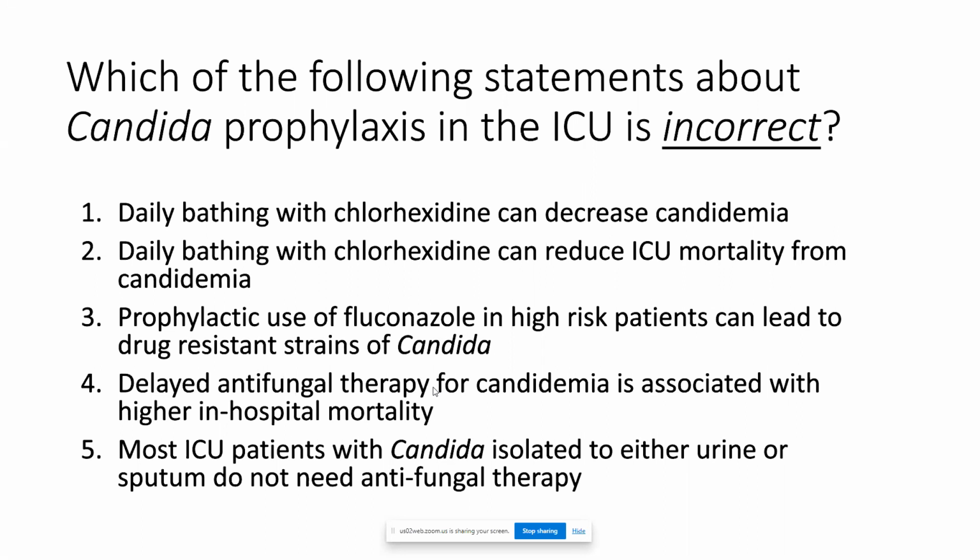Delayed antifungal therapy for candidemia is associated with higher in-hospital mortality. Most ICU patients with Candida isolated to either urine or sputum do not need antifungal therapy. Which of those 5 statements is wrong? So 4 of them are correct. This one's harder.